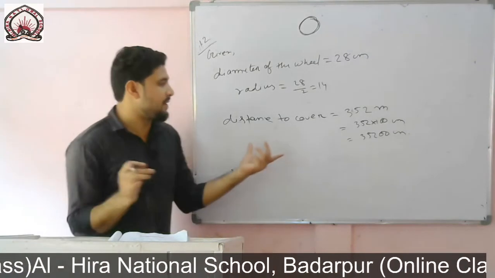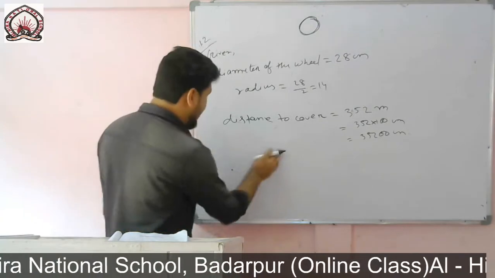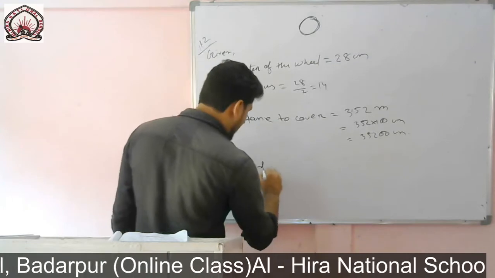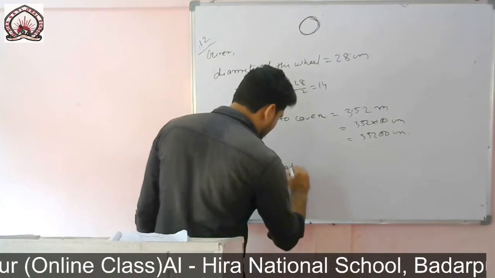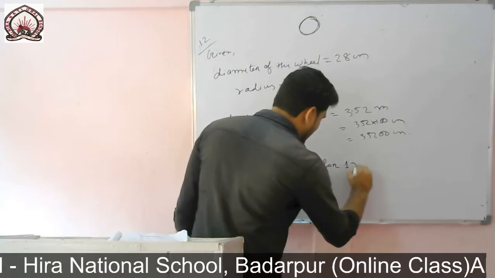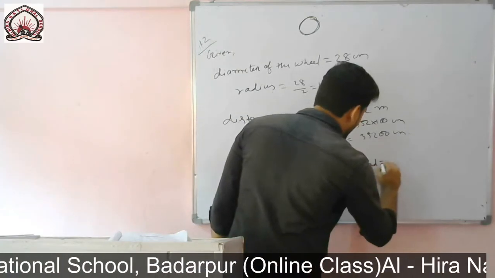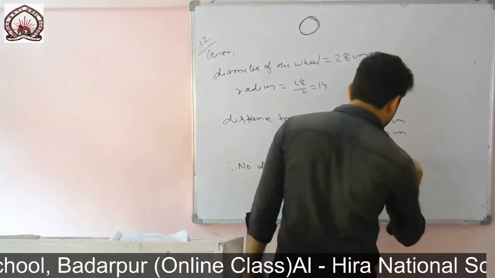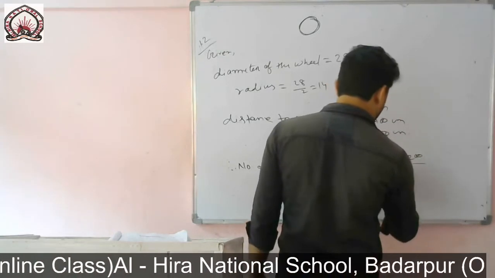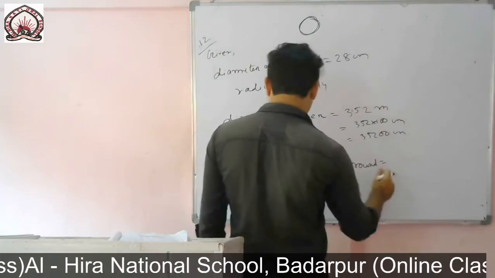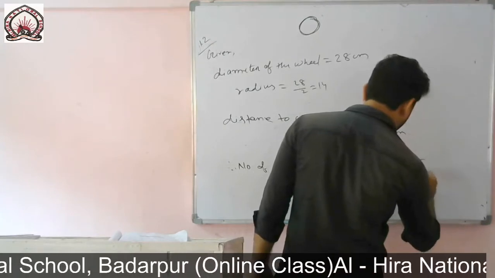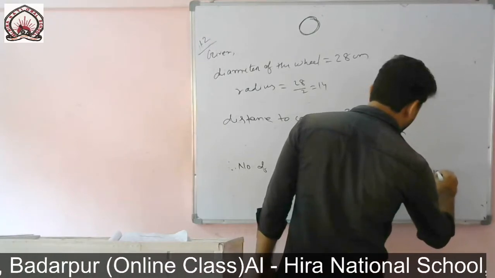Now let us find the number of rotations. The circumference for one round will be 2 pi r, 2 into 22 by 7 into 14.